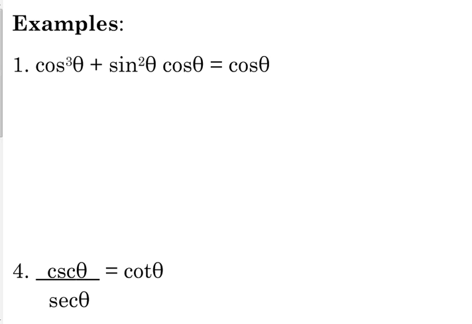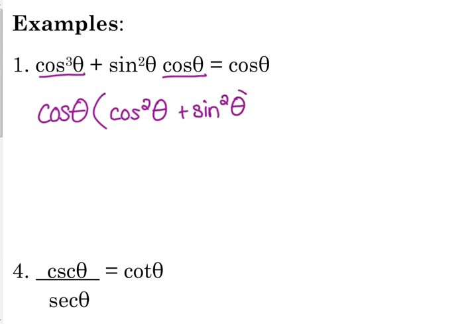Both of those terms have a cosine in them. That has cosine cubed. So we are going to factor out a cosine of theta. When we do that, we are left with cosine squared of theta plus sine squared of theta. And we need to always write that it's equal to the cosine of theta so we can keep in our minds what we're trying to get this to equal.